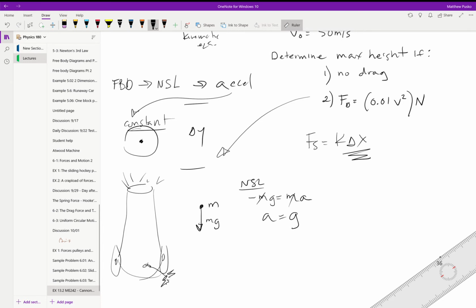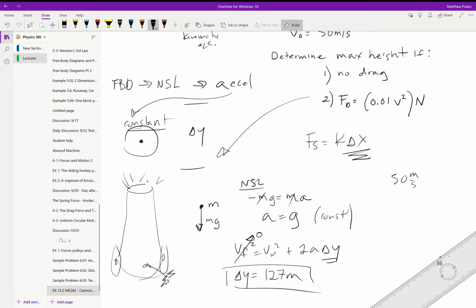Well, since that is a constant value, we can jump straight to kinematic equations. Let's say v final squared is equal to v naught squared plus 2a delta y, and solve it for delta y. In this case, we had an initial velocity of 50 meters per second. The maximum height would occur when this final velocity went to 0, and we get a maximum height of 127 meters.